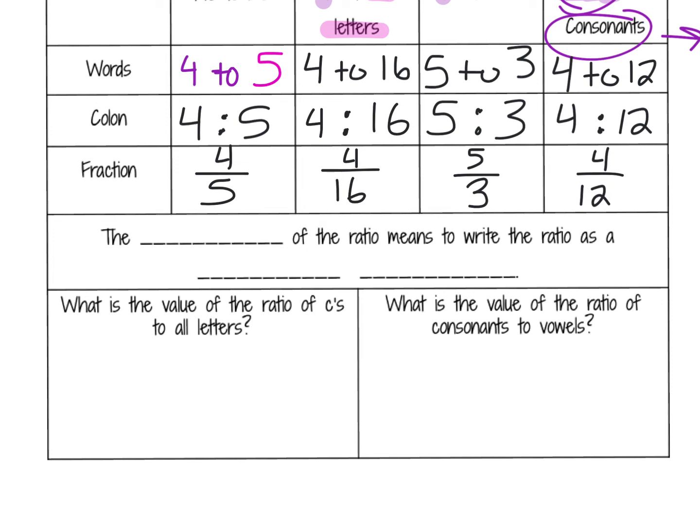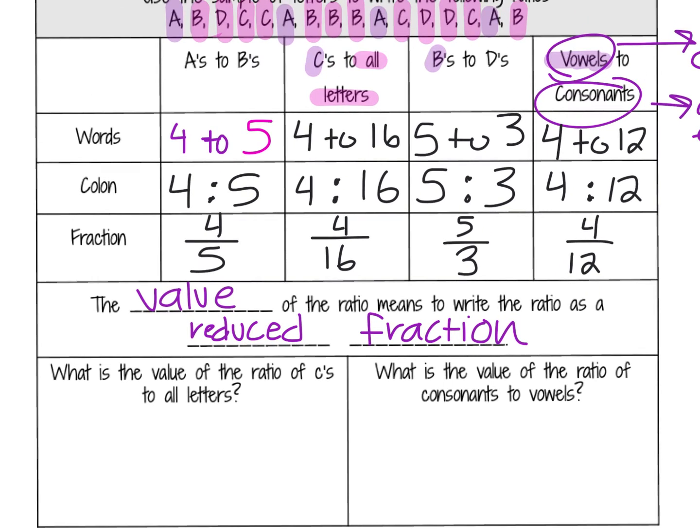Alright, so the value of the ratio helps us compare that. It means we're going to write the ratio as a reduced fraction. So this says, what is the value of the ratio of C's to all letters?